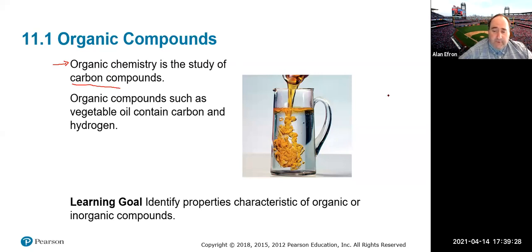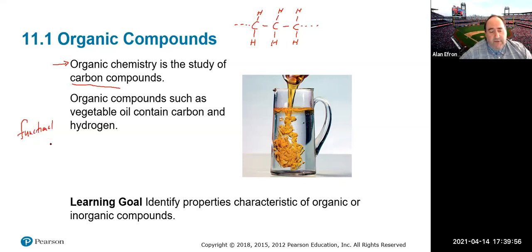The typical connection in organic molecules is carbons attached to carbons. Attached to the carbons are usually hydrogens. And in addition, along the way, there are what are referred to as functional groups, which we'll talk about in this chapter and some other chapters as well.